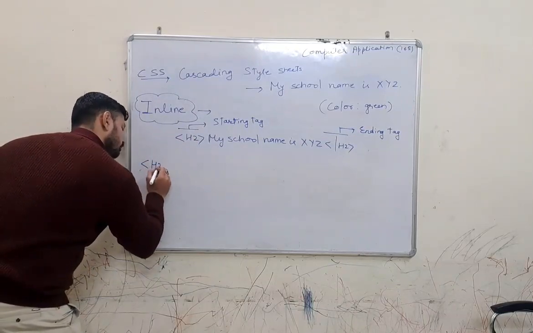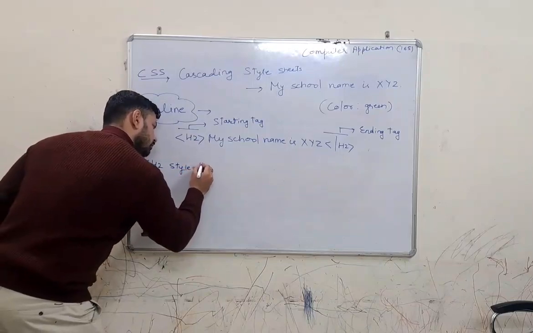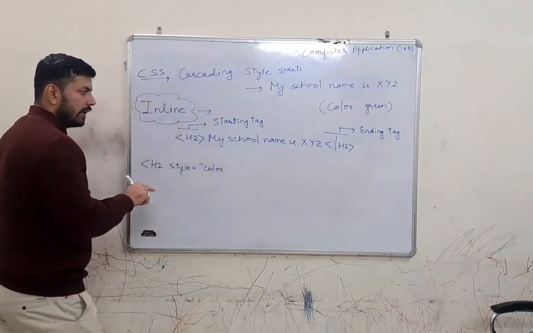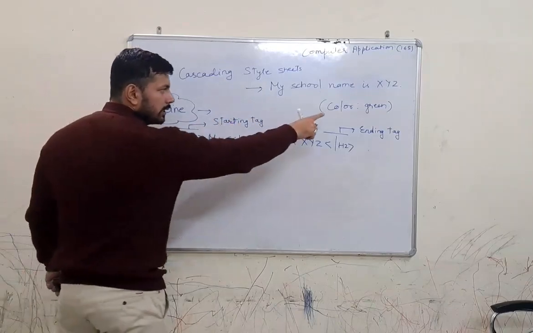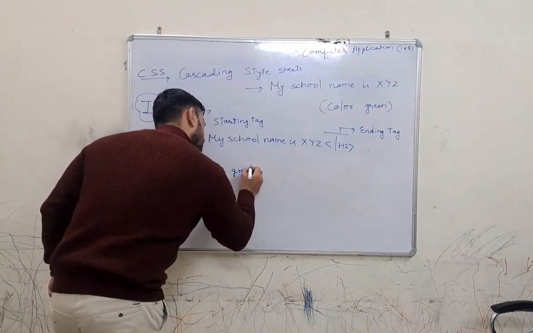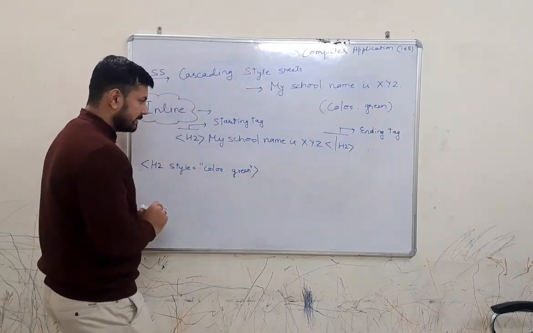How? h2 style, then color. Which color do I want to apply? Color green. So I will mention color green. Then the starting tag completes here.